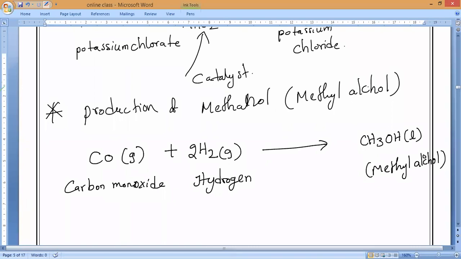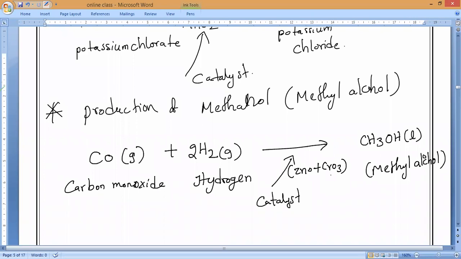If you notice, here we have to use a mixture of catalysts. What is that? ZnO, zinc oxide, plus chromium oxide.